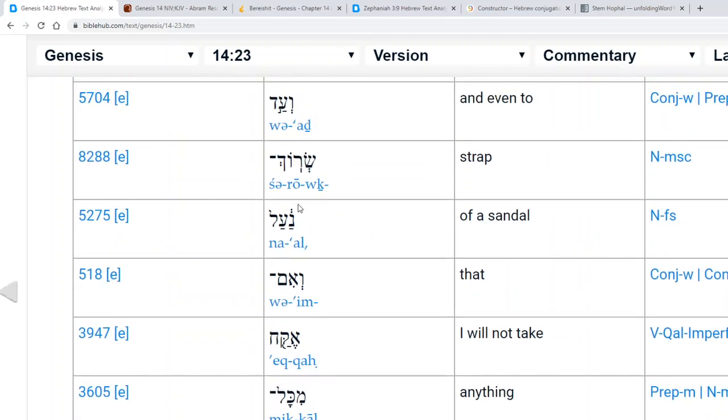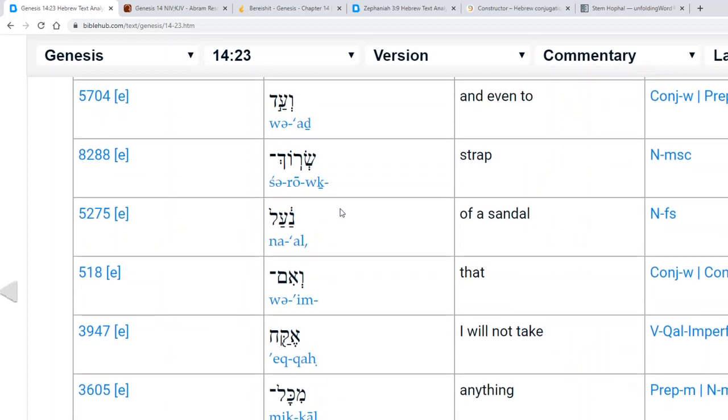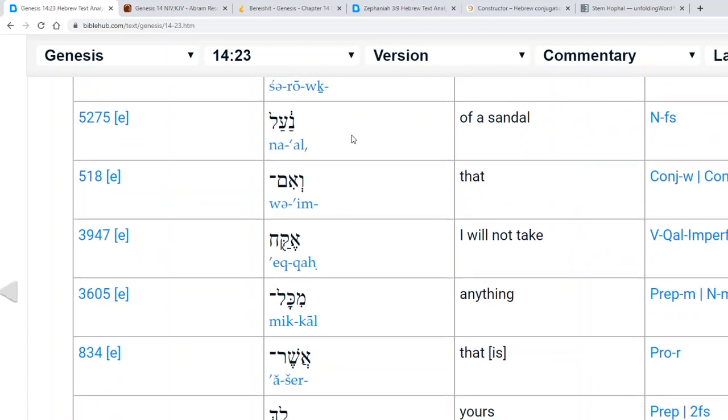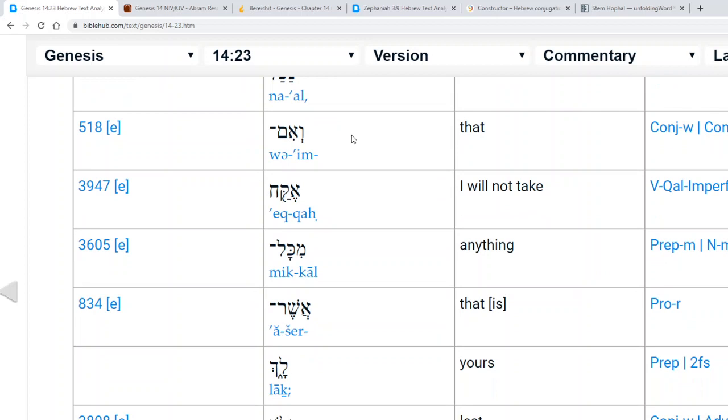And you can possibly say na'al comes from the nifal form of to raise, right? It's like a platform, right? A shoe is like a platform you stand on, right? So it's something that passively brings you up, right? So na'al, you can try to figure that word out.